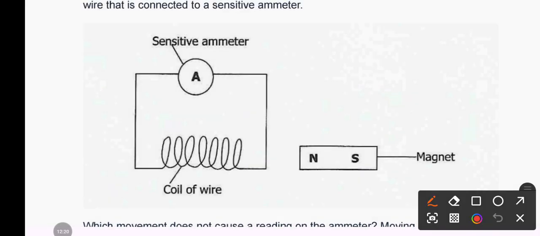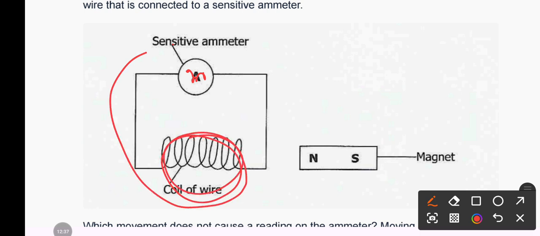It is essential that we understand that for electromagnetic induction, the only way in which the ammeter can register a reading is when this coil here experiences a change in magnetic field. When the coil does not experience a change in magnetic field, then the ammeter can never register a reading.